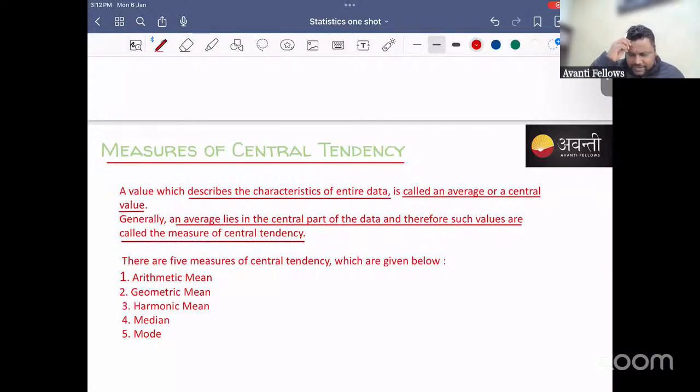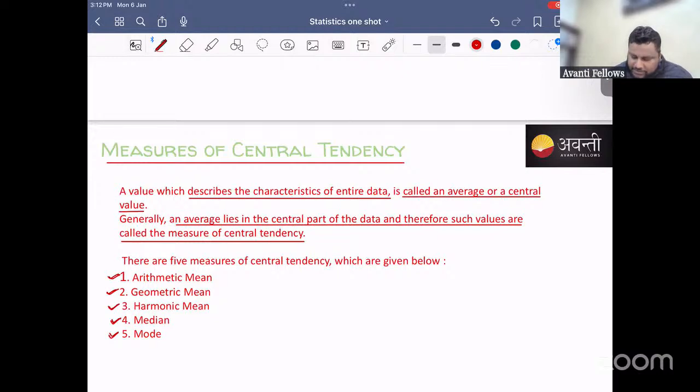There are 5 measures of central tendency: arithmetic mean, which is the simple average, then geometric mean, harmonic mean, median, and mode.